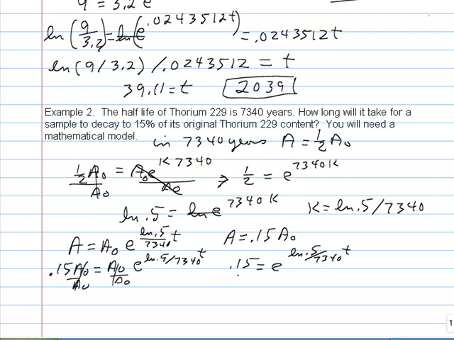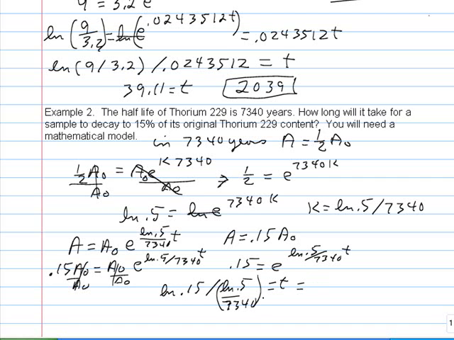And when I take the ln of both sides, I'm going to end up with, we've done this several times now, so I'll just write what you end up with. ln of 0.15 divided by ln of 0.5 over 7340 is equal to T, and when you divide by a fraction, you invert and multiply.